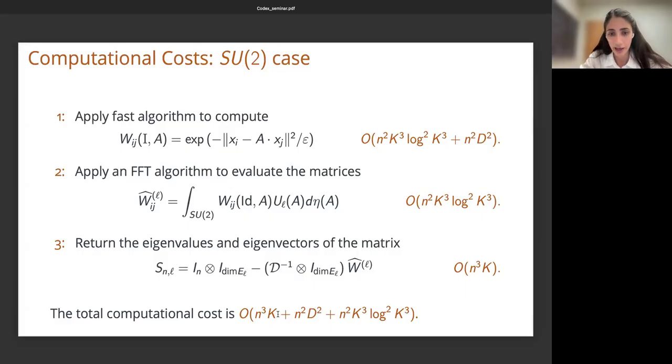And K here is where we are going to truncate our fast Fourier transform, so it's how we're going to truncate this L. So depending on what examples you're working with, this computational cost could be something that you want to worry about.